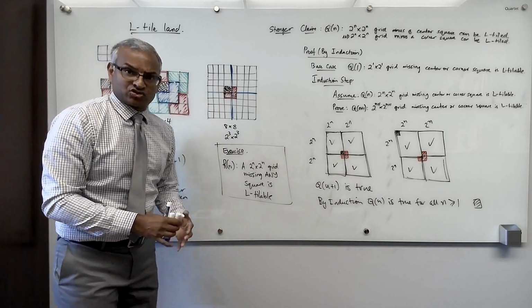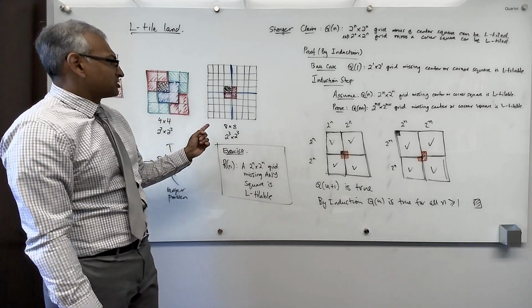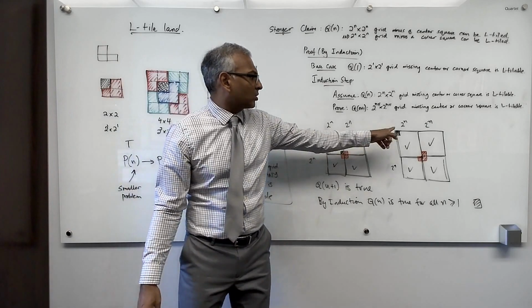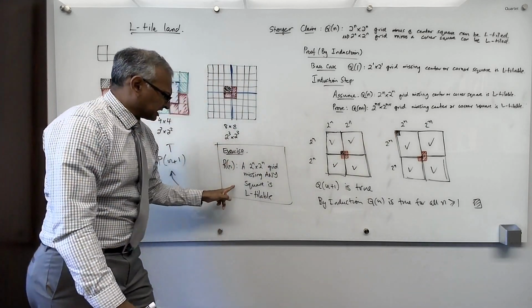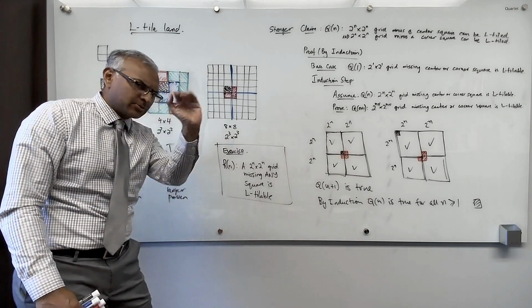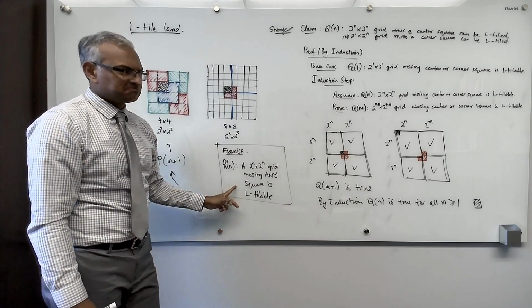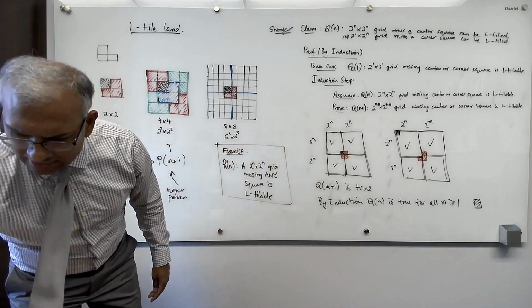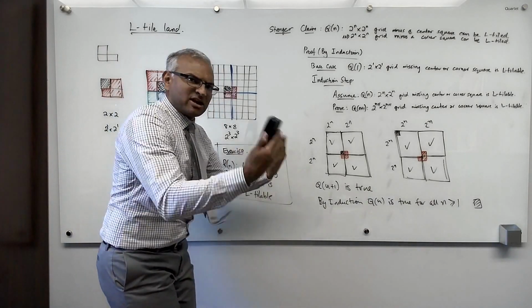What could be stronger as a claim than that? You can take out not just a center square, not just a corner square, you can take out any square you want, and it can be L-tiled. Any square you want. Wow. Prove it by induction. Meanwhile, let's do the speed erase and keep going with examples. Induction by osmosis.